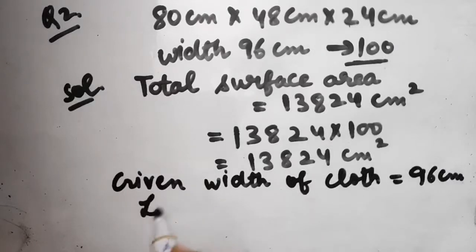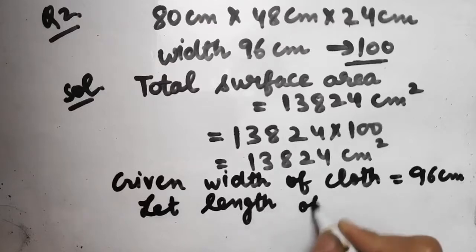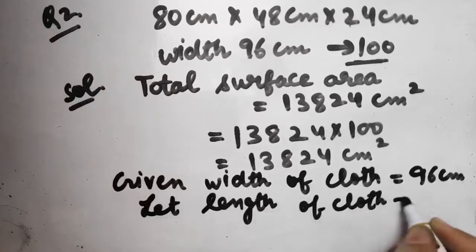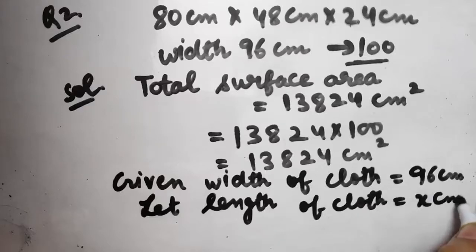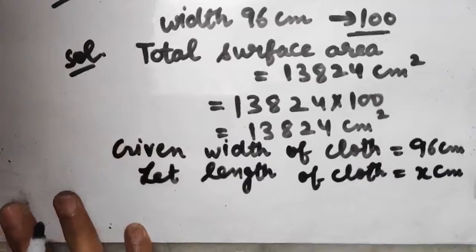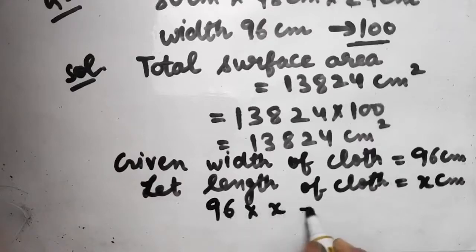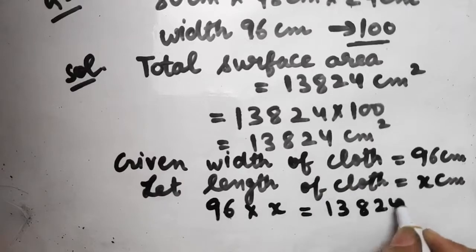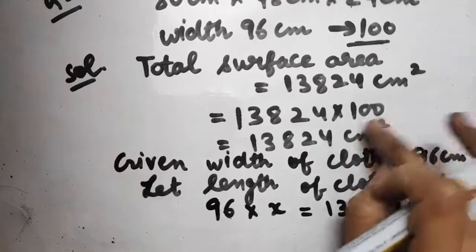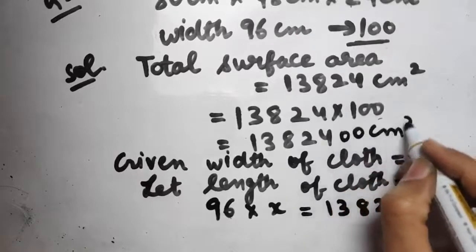Let the length of cloth be x centimeters. Now 96 into x will be equal to 13,824 into 100. I forgot to write these zeros also; here it will also come in centimeter square.